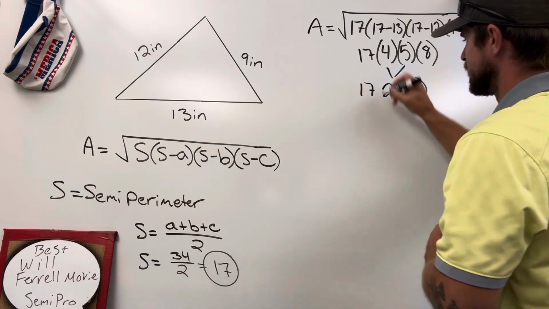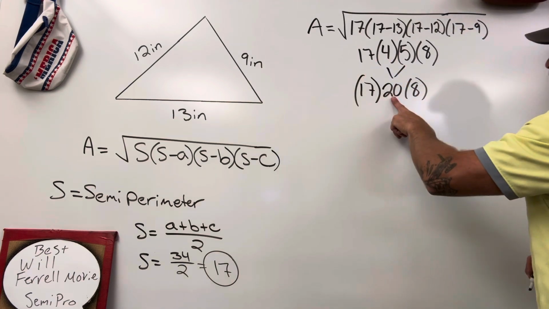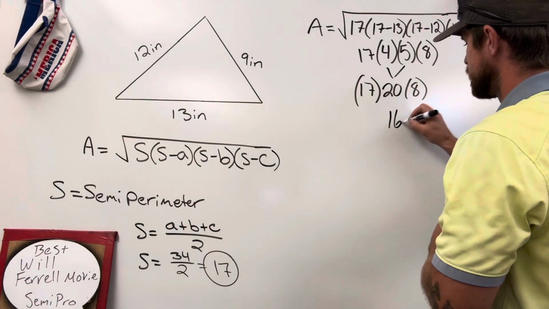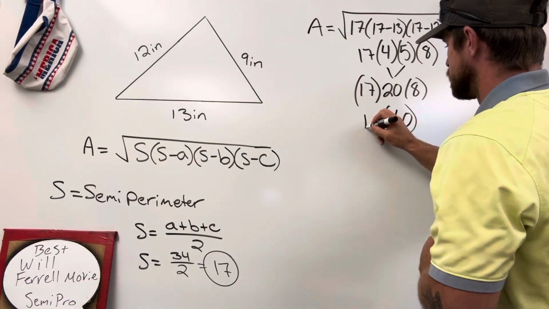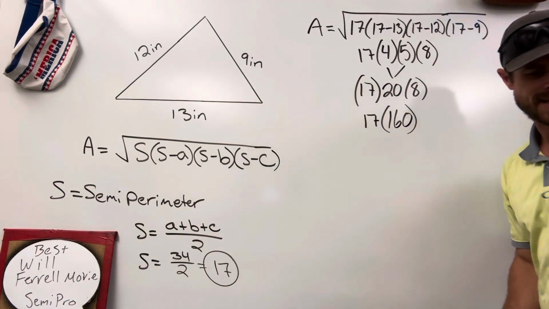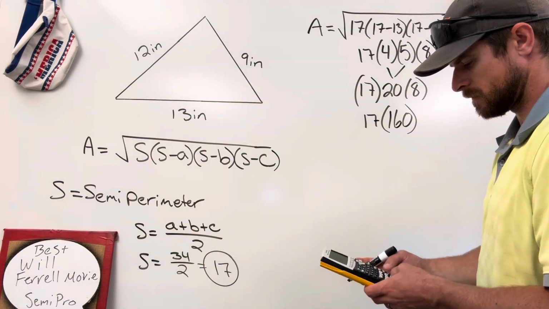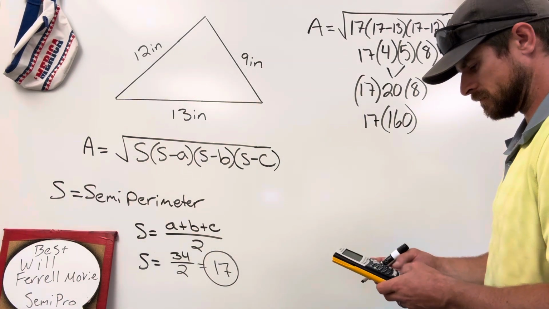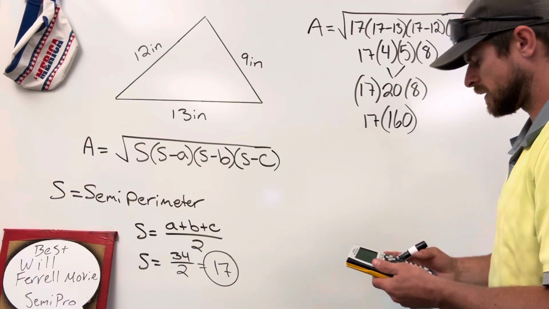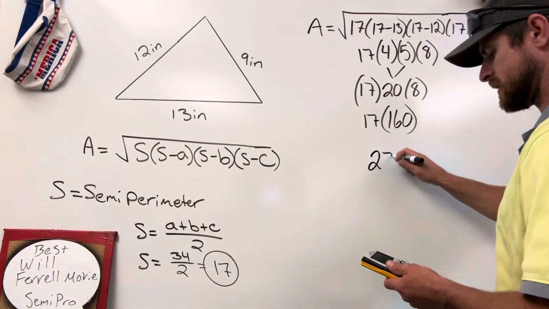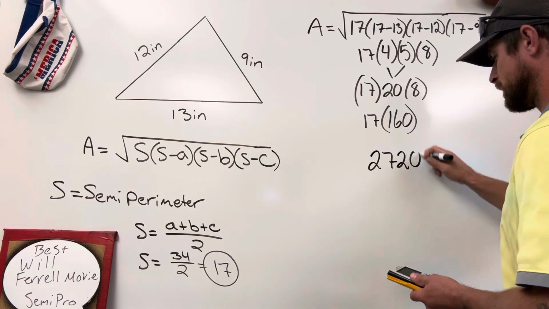You can write it out like this, separate them. 20 times 8 is 160, times 17. I just got to get a calculator real quick to do that fast. 17 times 160. That's going to be 2,720.